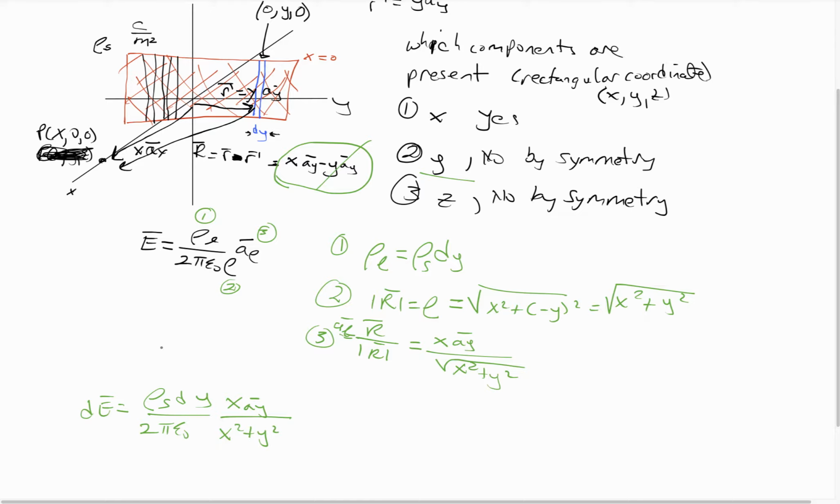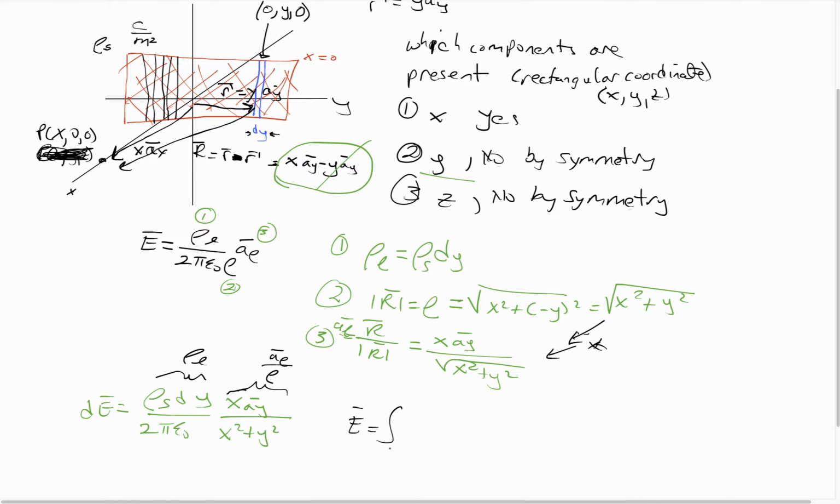If we go back up, this was our rho L, and this is our A rho over rho, this whole term over here. I've just multiplied the square root of x squared plus y squared by each other to get that formula.